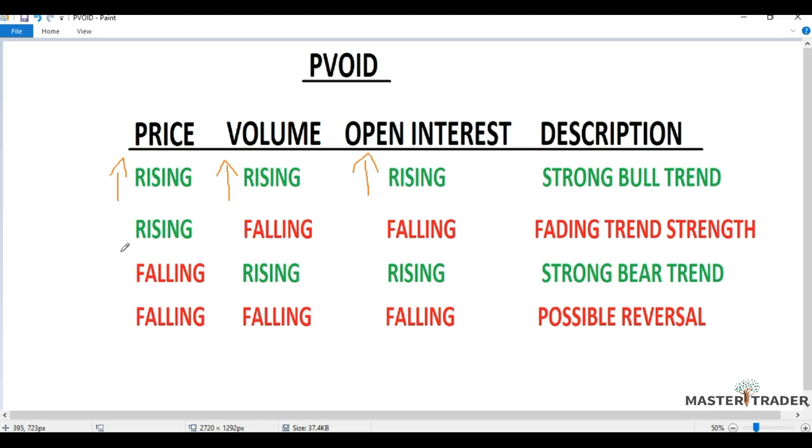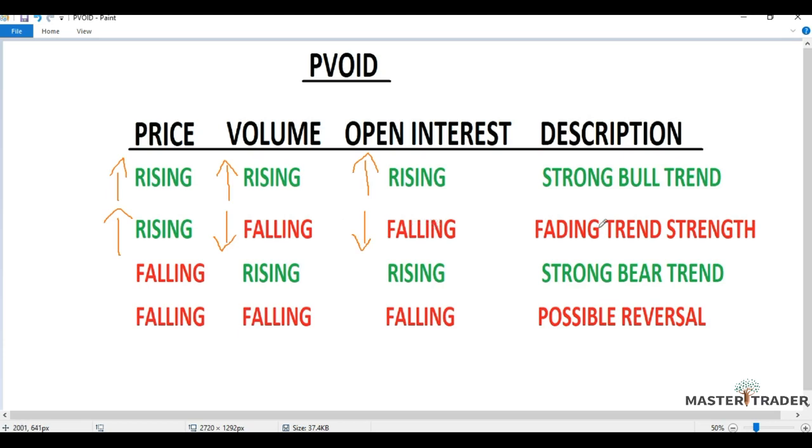Now in the second case, if price is rising, price is going up, but volumes start to fall, we have a decrease in volumes, and then open interest is also falling, the interest in that particular contract is going down.